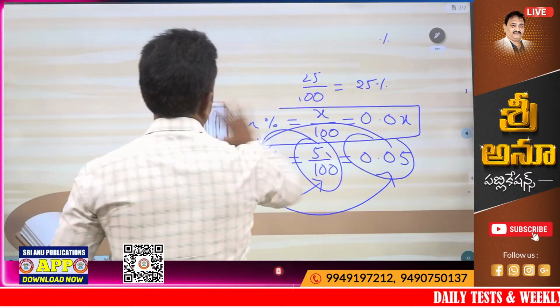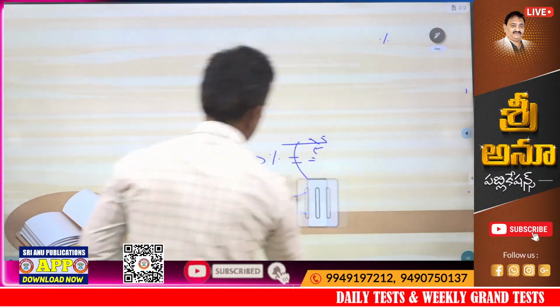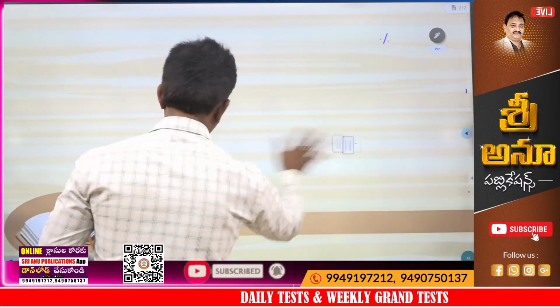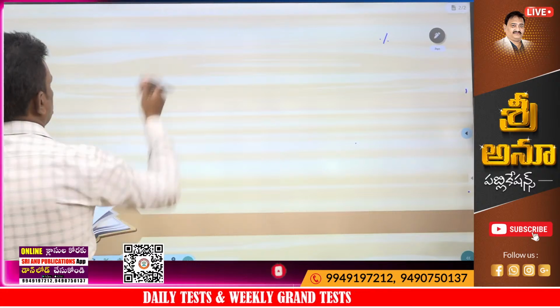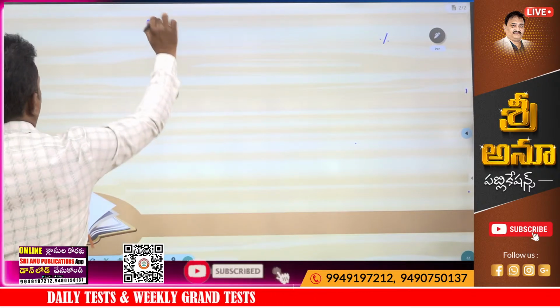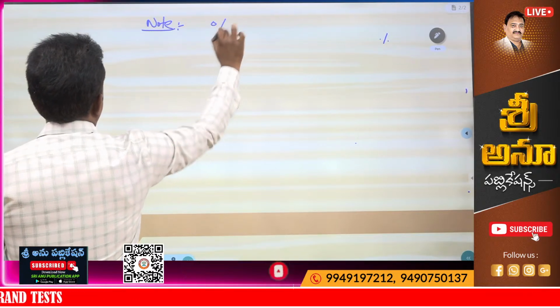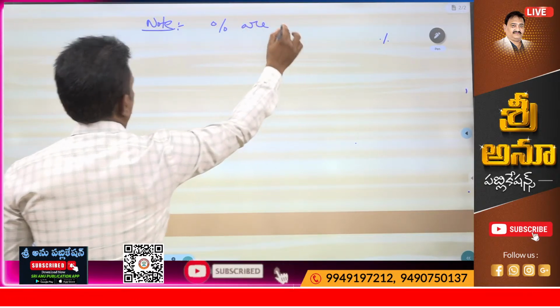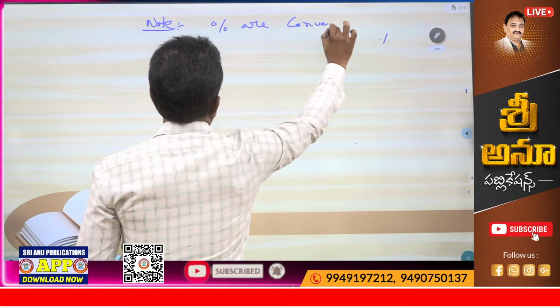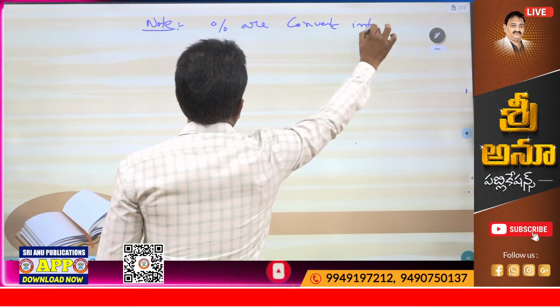The next concept is percentages are converted into fractions. Note this, it is very important.